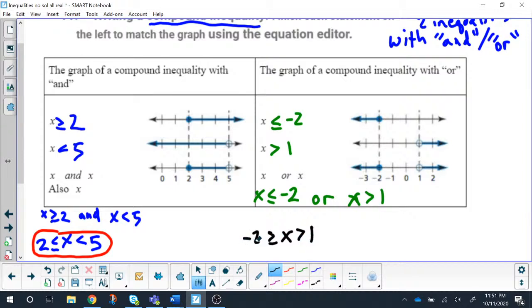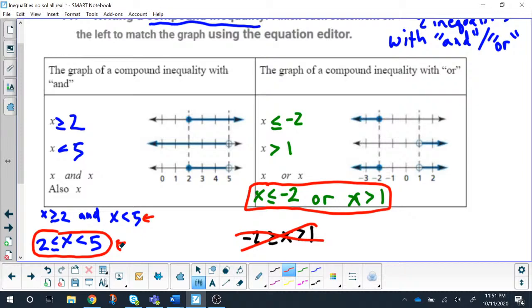And notice this string. We're saying negative 2 is greater than 1. That's not true. Do not write it like this. This has to be written as two separate inequalities. The AND one can be written as two separate inequalities or a string like this.